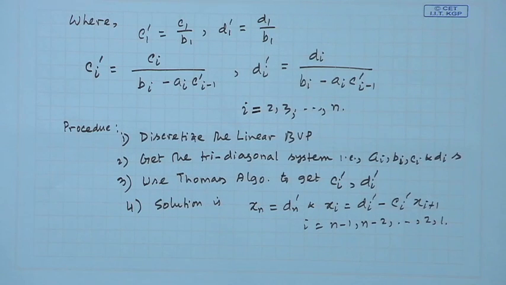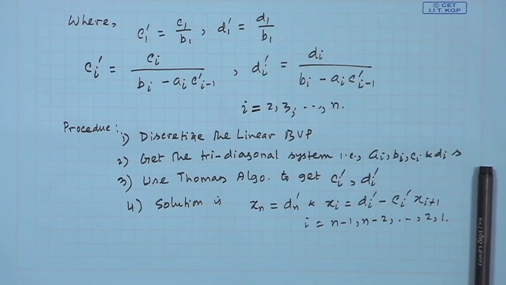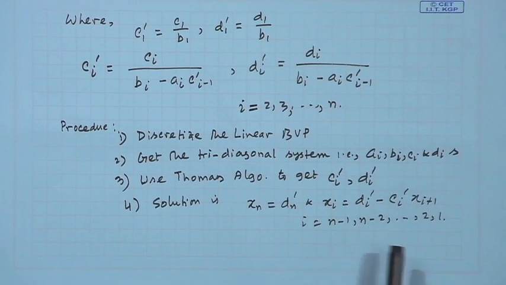So, these are the simple steps one needs to follow to solve the linear boundary value problem. Once I derive the discretized form and then the tridiagonal system, the Ai, Bi, Ci, Di's are determined. Through that we compute the Ci dash, Di dash. Once those are computed, the solutions are obtained.